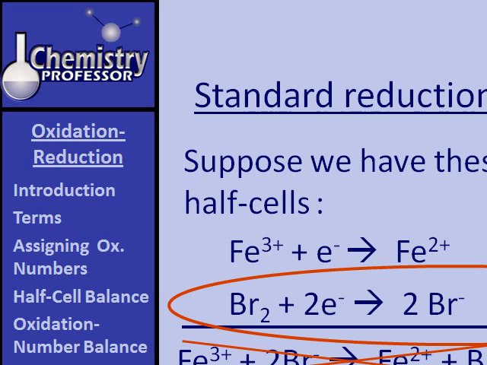The order of the half cells becomes bromine plus 2 electrons producing the bromide ion, and the ferric ion plus an electron producing the ferrous ion. And when you put the two together, this one will go that way, and that one will go this way. And that's how you can add them up and get a complete reaction with a positive voltage.